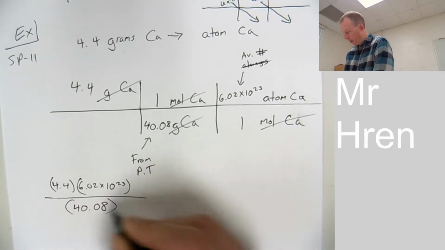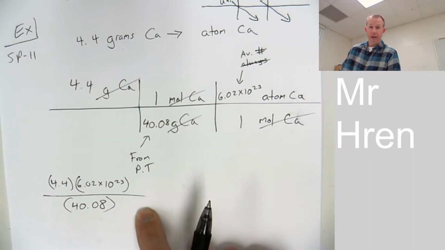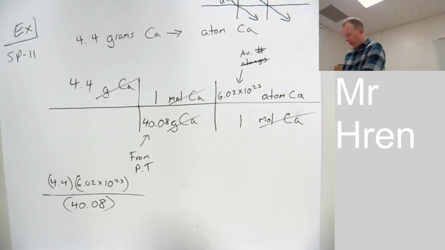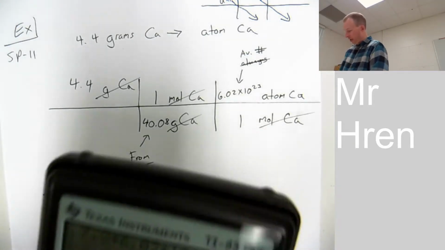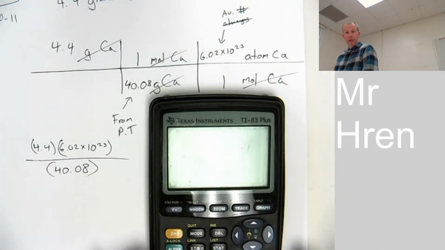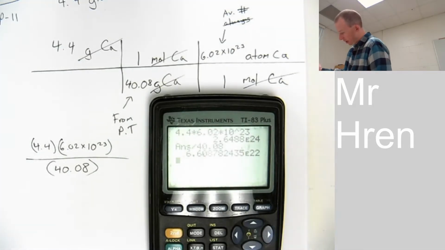This is the same as this. All right. So you're just going to do the math. In this case, it really doesn't matter since it's all on the same level. So let's do 4.4 times 6.02 times 10 to the 23rd divided by 40.08. And you get 6.61, we'll say, times 10 to the 22nd.